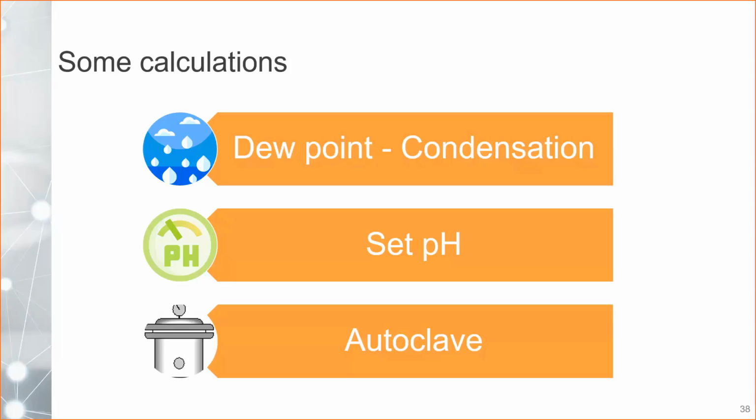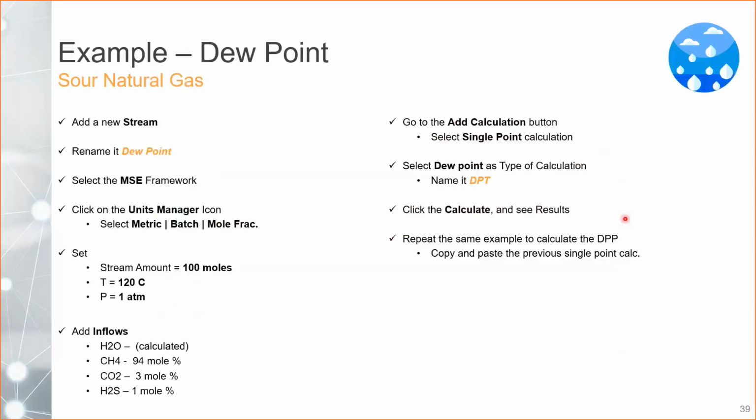It is important to understand them and set them up so that we can be successful calculating corrosion rates later on. These two examples, I promise, will be short and simple.